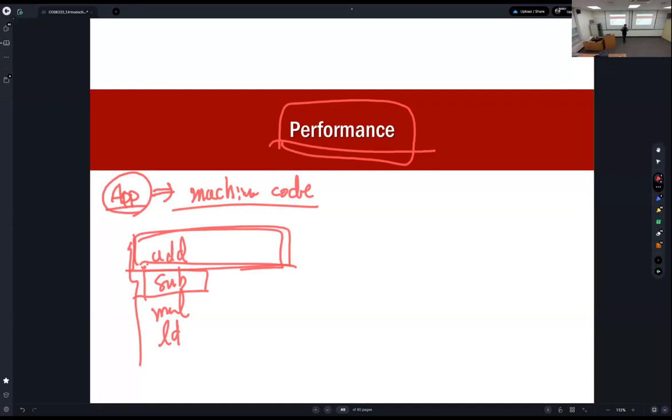One instruction is executed, then another instruction, and then the next instruction. So you need to understand that instructions are executed step by step, instruction by instruction. Okay. So firstly, you need to understand instructions, and you need to understand the clock.